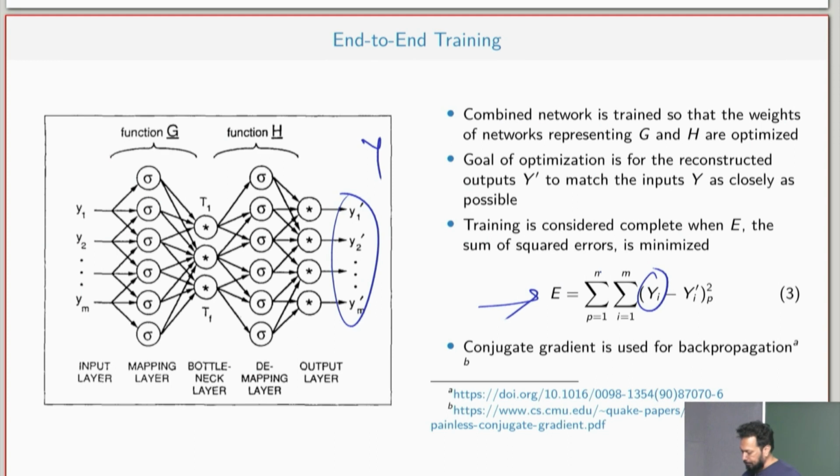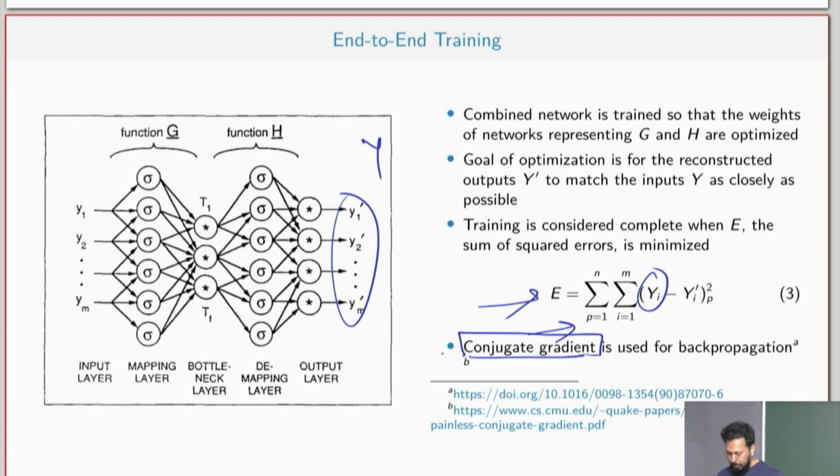In this case, it's this loss: the sum of the squares of the differences. And in those days, they may not have used gradient descent because they preferred to use conjugate gradient descent, which is another type of optimizer used for backpropagation. But these days, conjugate gradient descent is not very interesting, especially in the stochastic setting.